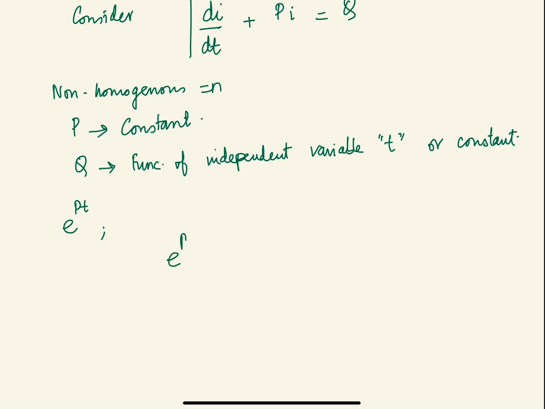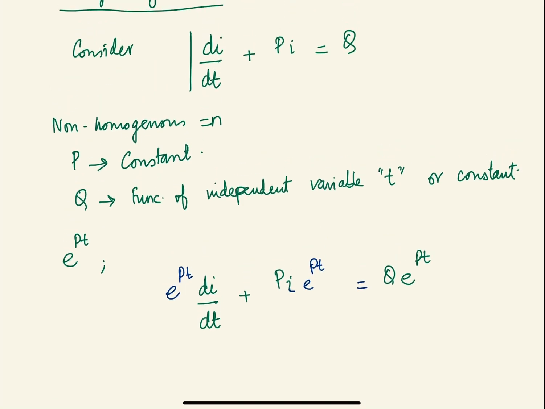I'll write e to the power pt di by dt plus p i e to the power pt is equal to q e to the power pt. Let's call this equation number 1.